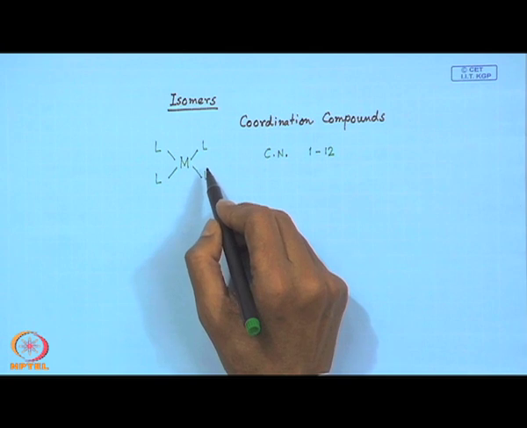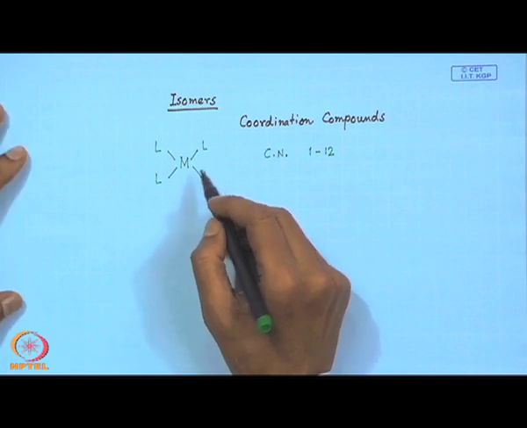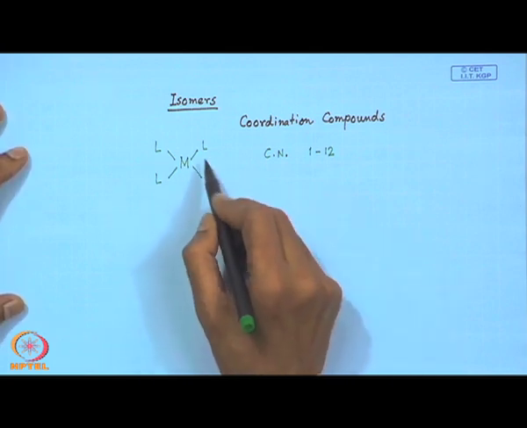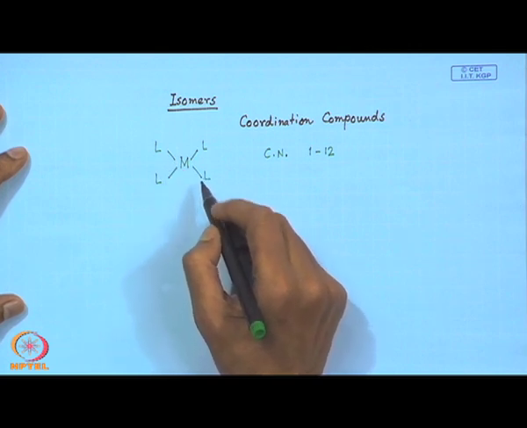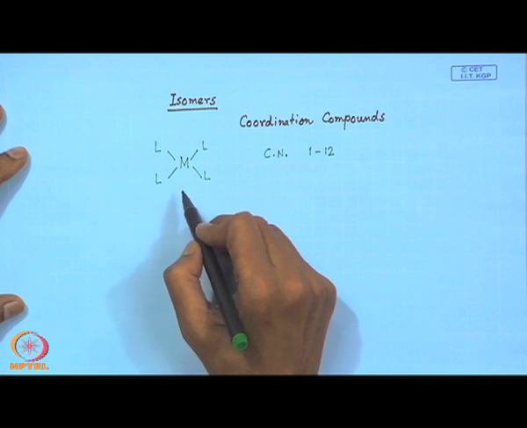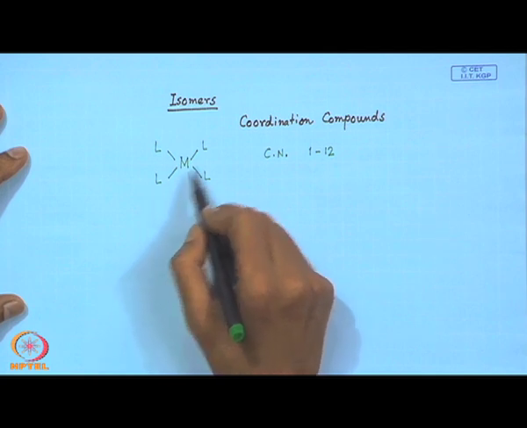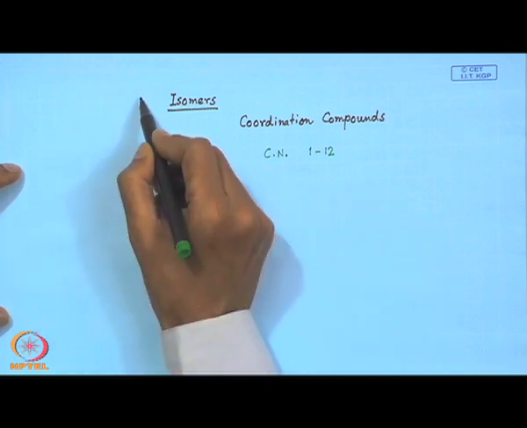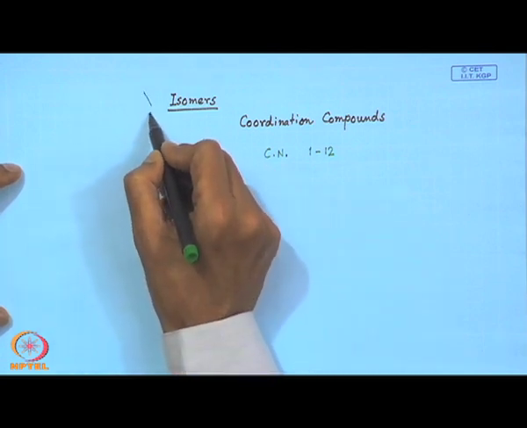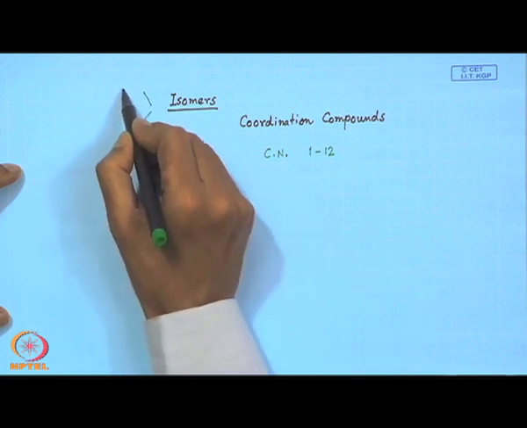Now we will see what type of arrangements we can have, where within the same chemical formula or same chemical composition we can have different spatial positioning of the different ligands that give rise to one particular isomer, and in a different arrangement we can have a separate isomer.